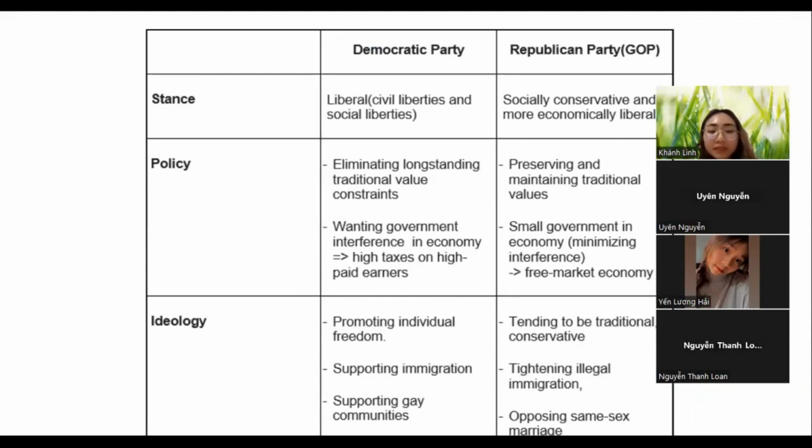The Democratic Party advocates eliminating long-standing traditions, value constraints, and moral conventions. Democrats want government to intervene in the economy. They advocate high taxes on high earners, as well as promoting social welfare.